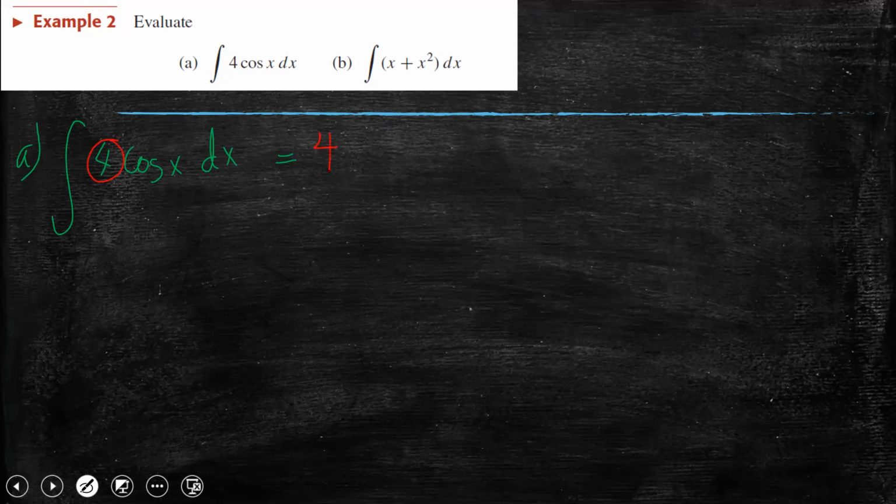So it comes like 4 integration of cosine x dx. Then I will integrate. What is the integration of cosine? Sine, exactly. Sine x plus c. So the integral function will be 4 sine x plus c.